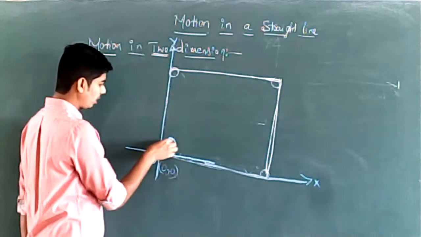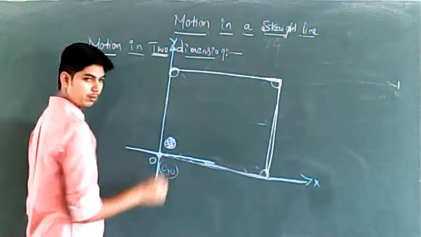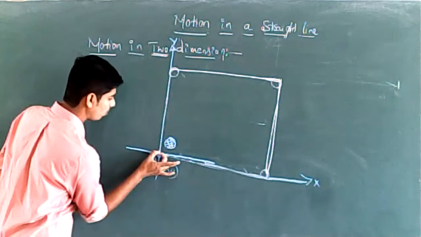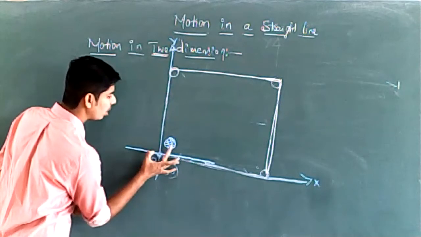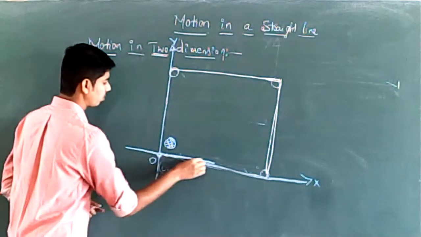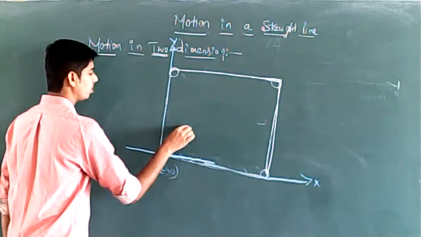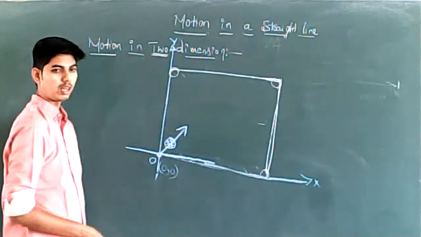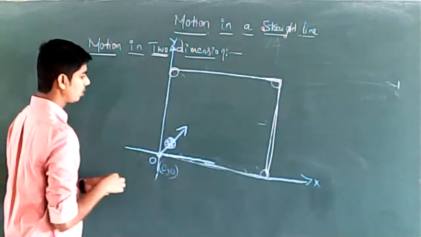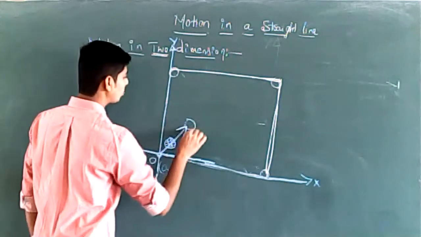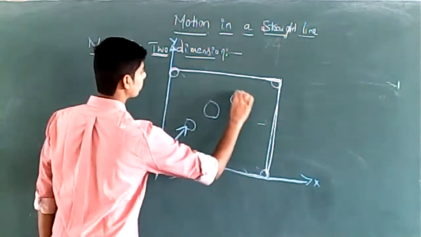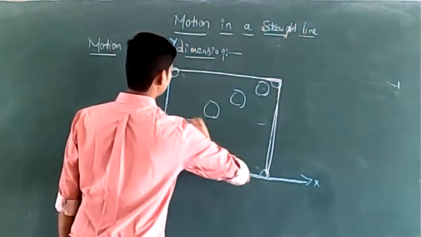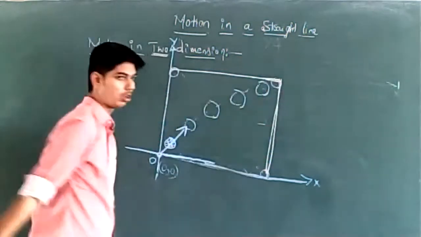Instead, I strike this carom coin at an angle with the x-axis. This is the strike mark. This is how I strike the carom coin. And the carom coin starts moving in this direction. This is the path of the carom coin.